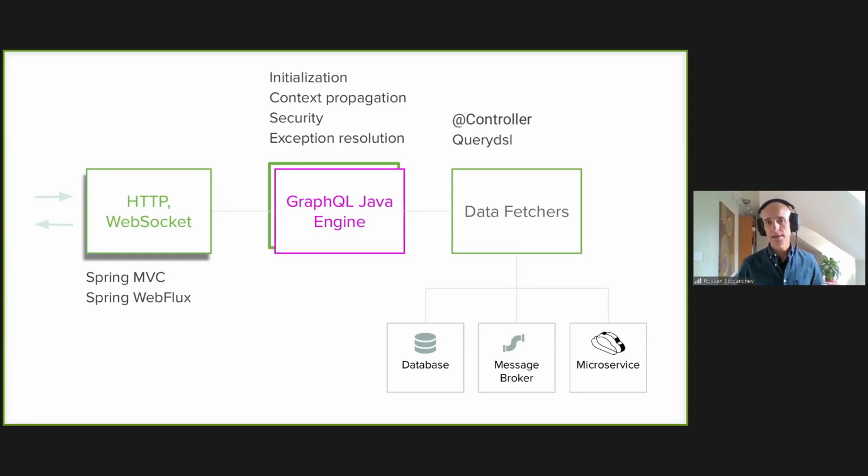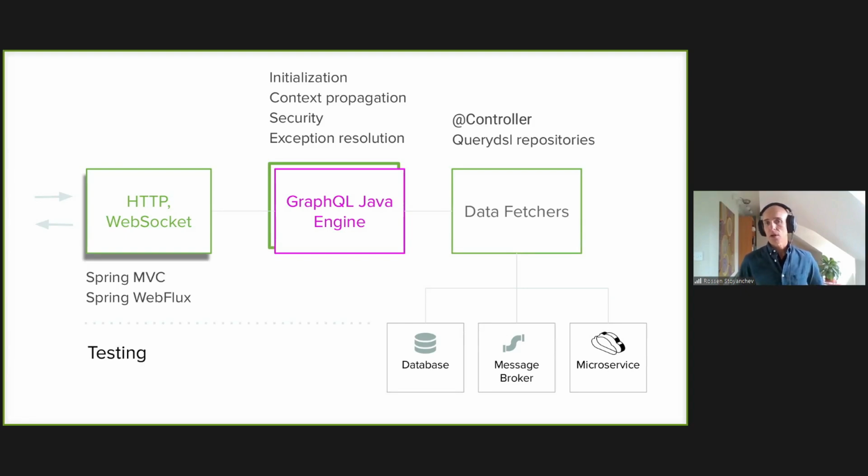Most recently, in the second milestone that was just released yesterday, we have support for the first time for annotated controllers, annotated handler methods for the data layer as one possible choice for programming model. And we also have currently Querydsl Spring Data repositories that can be used as data fetchers. We'll take a look at that a little bit later.